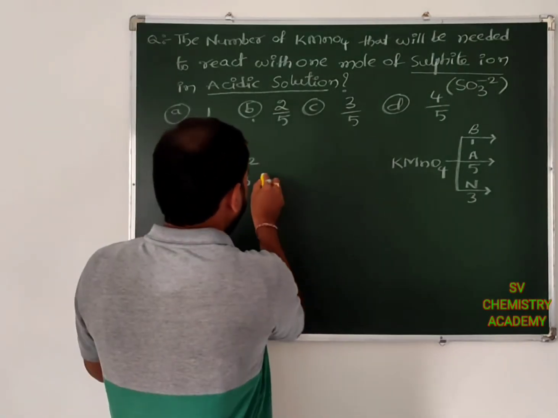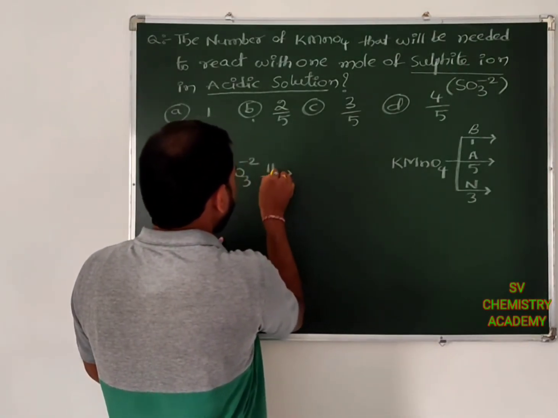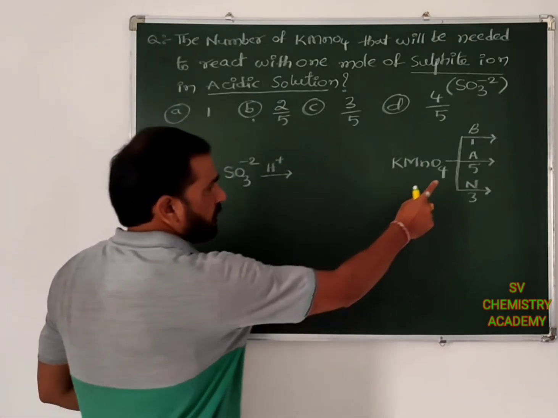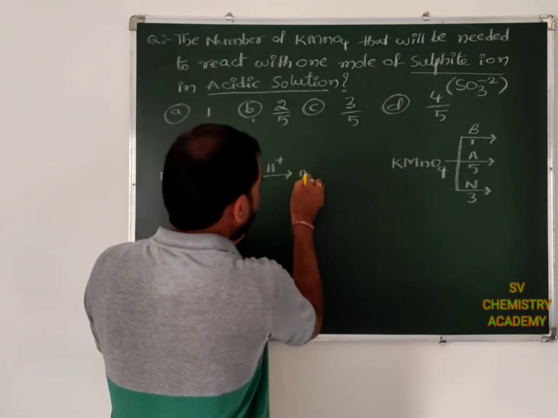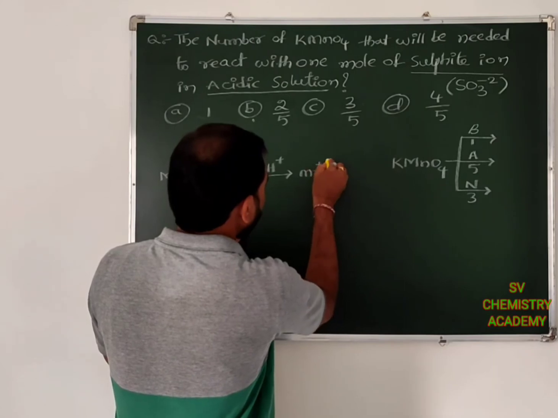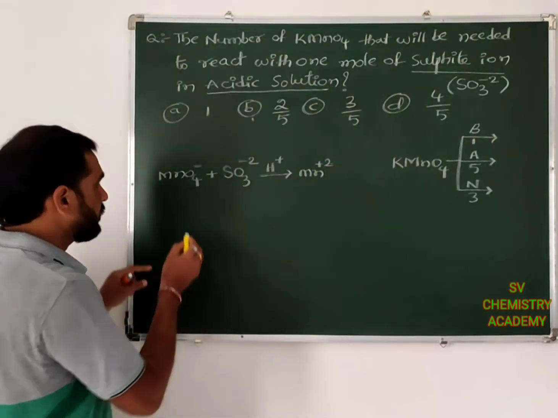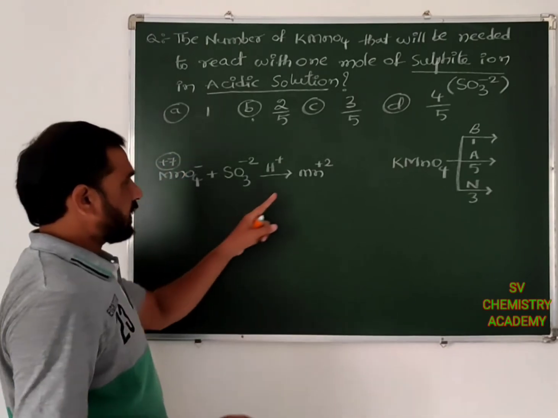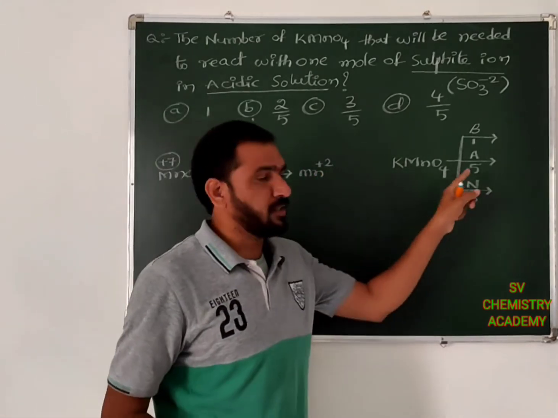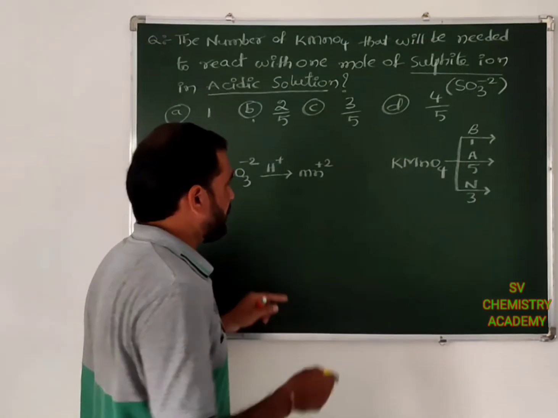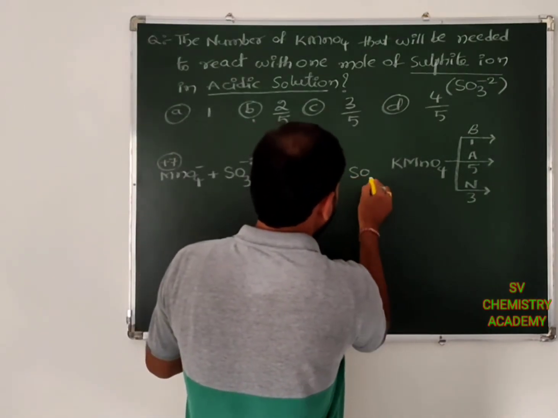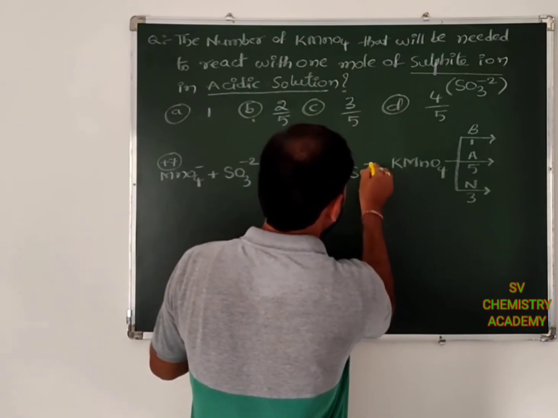The reaction is going on in acidic medium, so the N factor will be 5. Therefore, here we need Mn plus 2. In this, Mn is in plus 7 oxidation state, so it goes to plus 2 because of N factor 5 in this conversion. Then sulfite is oxidized to SO4 minus 2.